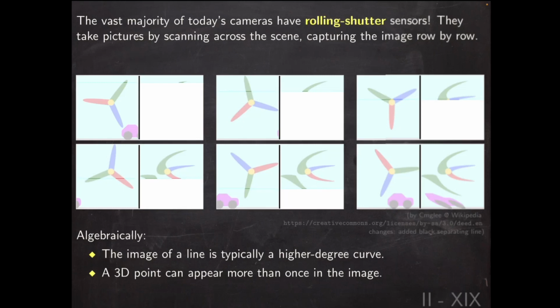Does that make sense? Is there a question about the problem, or a question about what rolling shutter cameras are? So let me reiterate, almost every camera that we have today is actually scanning in a very short amount of time over a scene when it captures a picture.